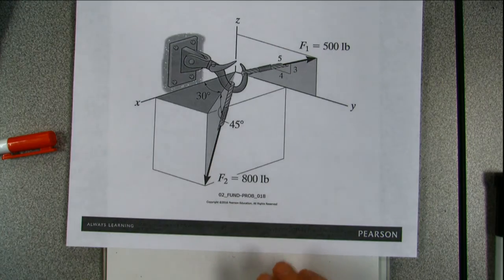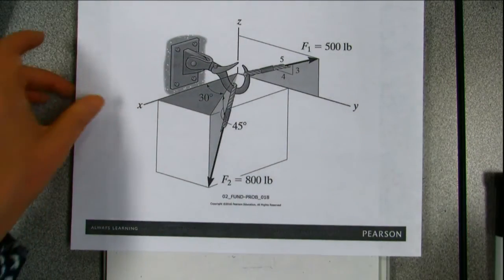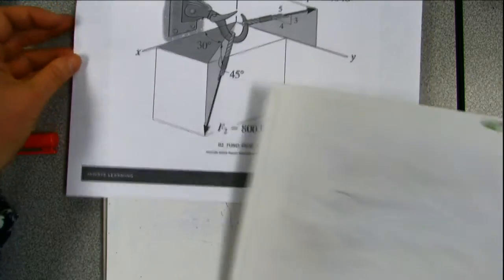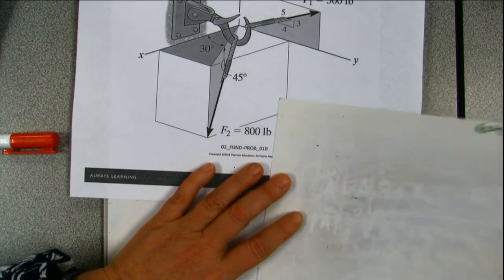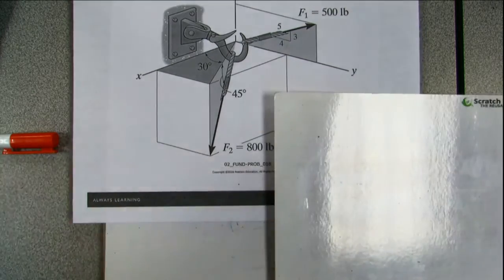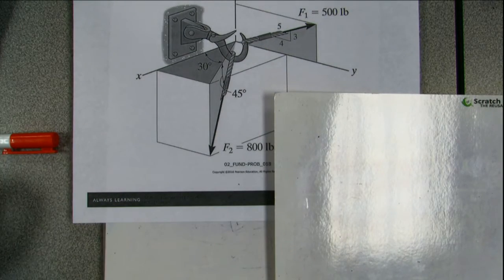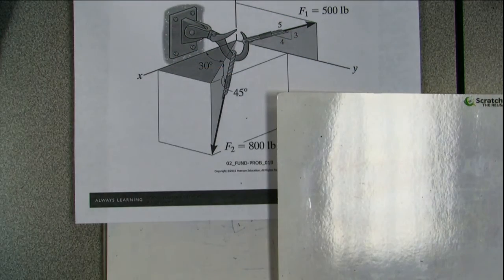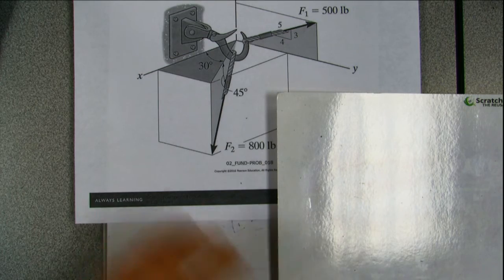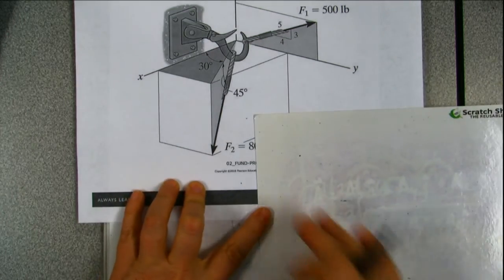So all I'm really going to do on this one is not try to do a resultant, not try to do anything like that. I just want to help you look at how the pictures are so we can translate the picture to a dimension. So let's look at this first one. F1 is 500 pounds. So it's a force vector, 500 pounds.